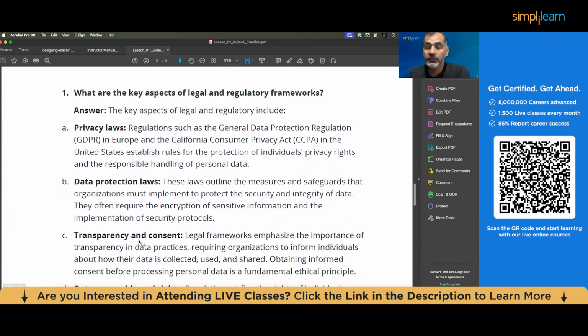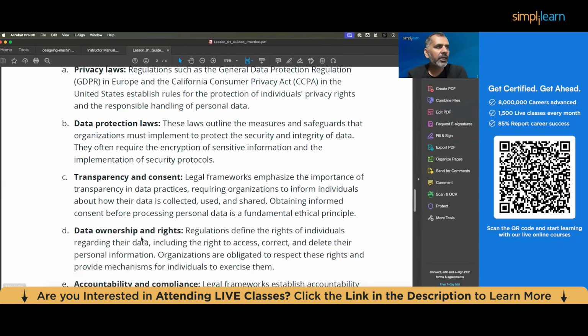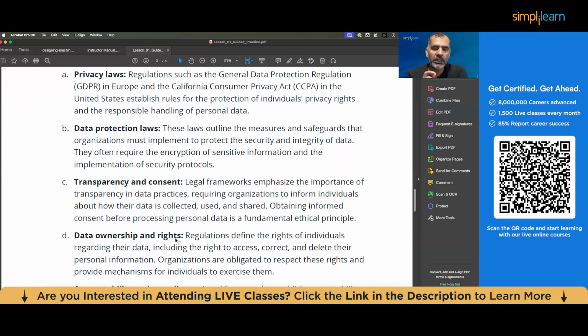The transparency and consent law talks about taking consent from the end user if I'm sharing your data. And the data ownership and rights, which means once the job is finished, you can delete the data. So you are giving full control over the data, whether the intended purpose is fulfilled or not.